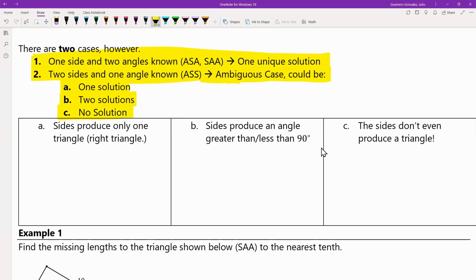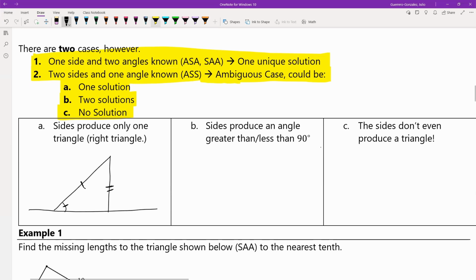Okay. The first one, where the sides produce only one triangle, and this is going to be a right triangle in this case. So, for example, I have an angle, and I'm going to do this. I don't know this side, but I do know that it's got an angle, a side and a side.